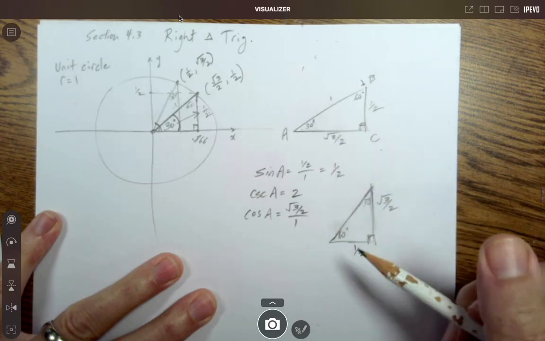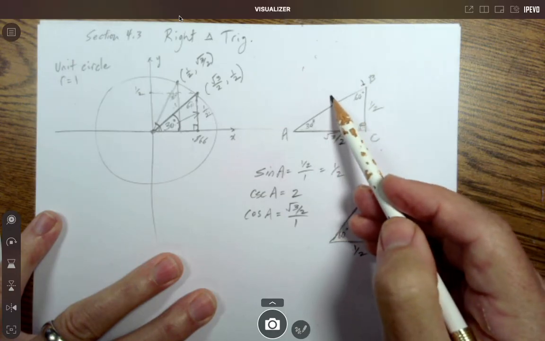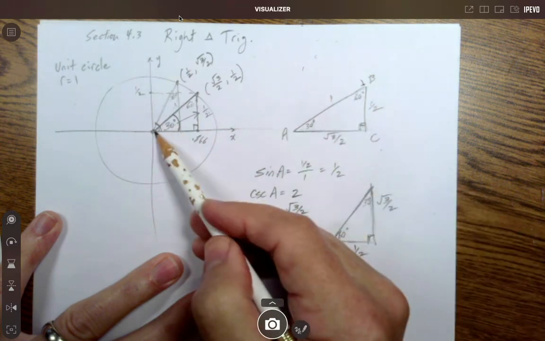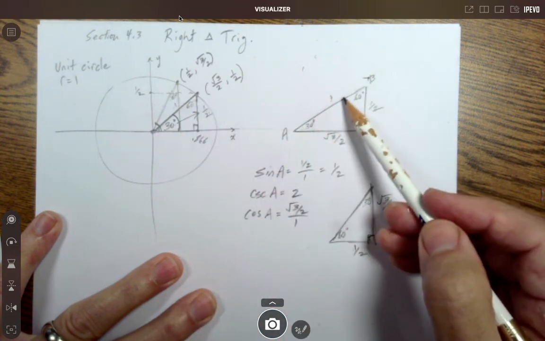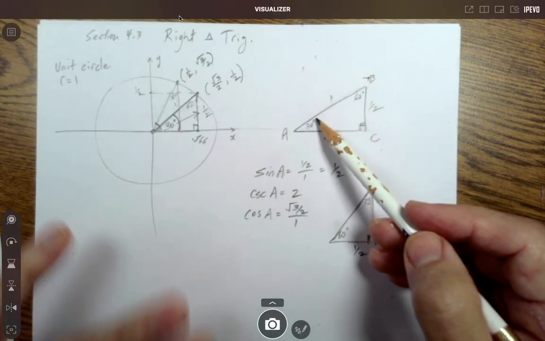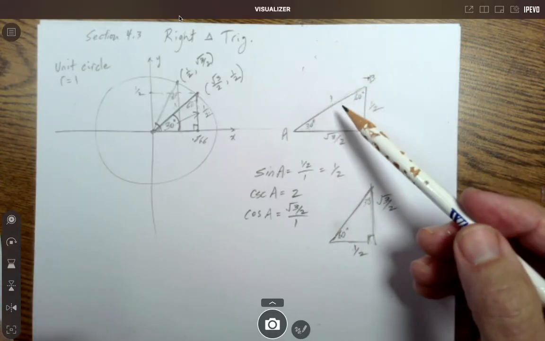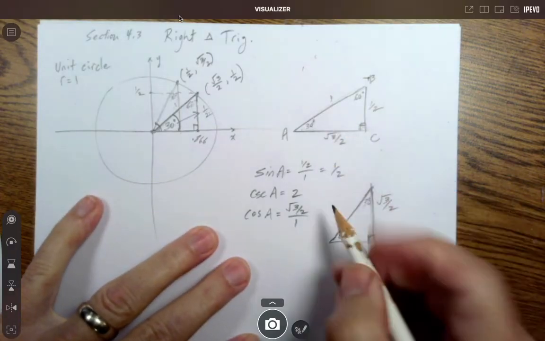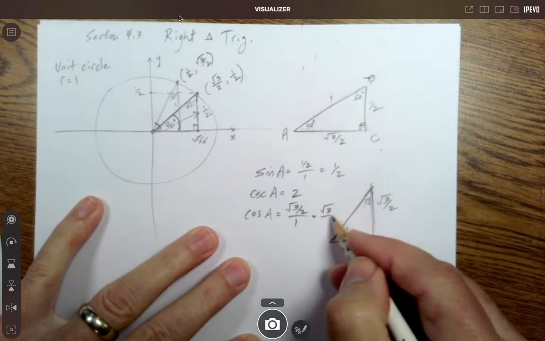It's always over the radius, because in reality, this hypotenuse, which is the radius of this circle, isn't always going to be 1. It almost never will be in practical problems. So that gives me the square root of 3 over 2.